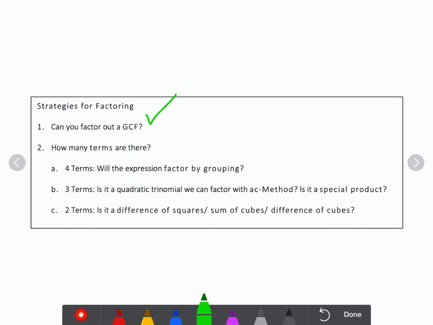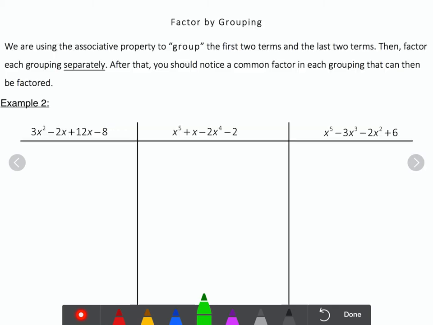So next is we're going to look at how many terms are left over. So if I could factor further or if there is no greatest common factor. Okay, so we're going to look at when there's 4 terms, can I factor by grouping? Okay, factoring by grouping means that we're just using the associative property to group the first 2 terms and last 2 terms.